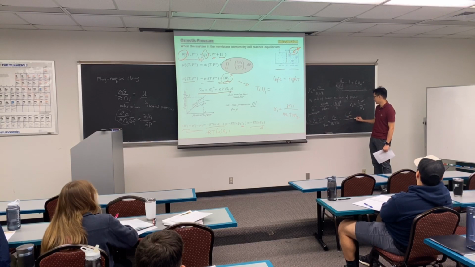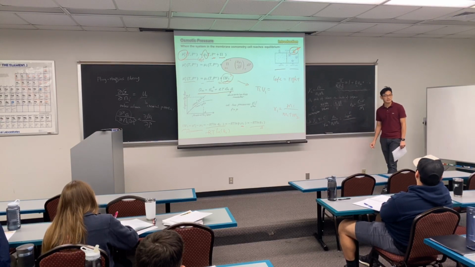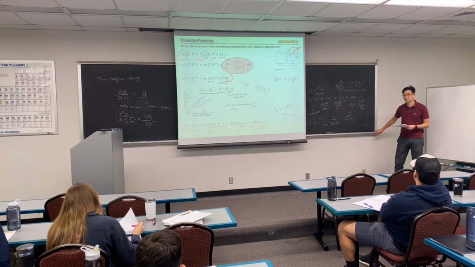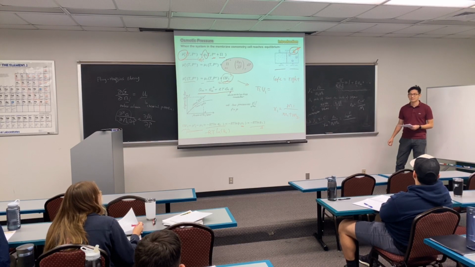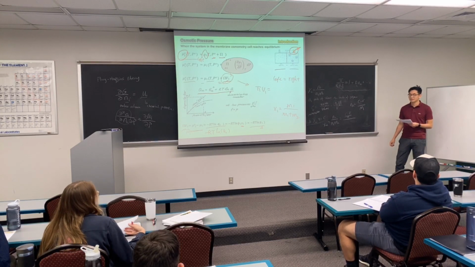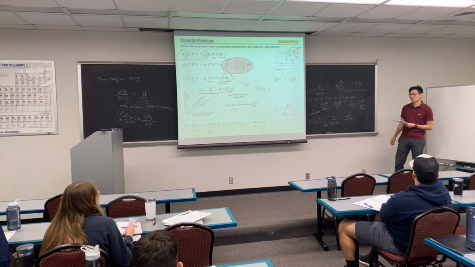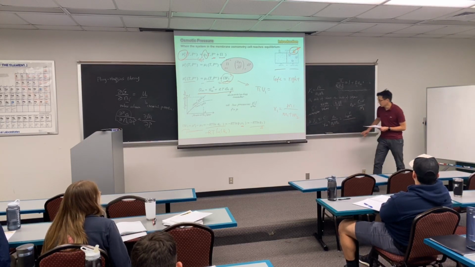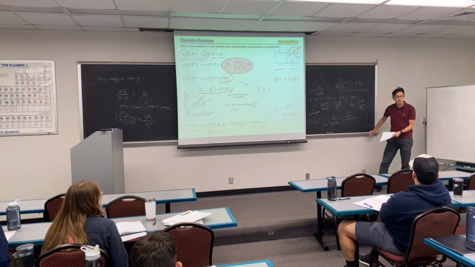How about N1? That's the molar fraction for your solvent, right? That's 1 minus x2. But how many moles of solvent? In this particular case, we're going to take advantage of one definition we defined in the chemical potential, that is molar volume.